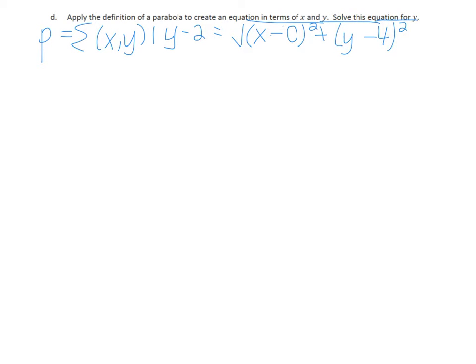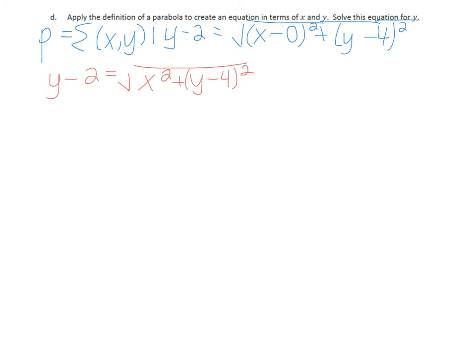If I simplify this, I get that y minus 2 is going to equal the square root of x squared plus (y minus 4) squared.